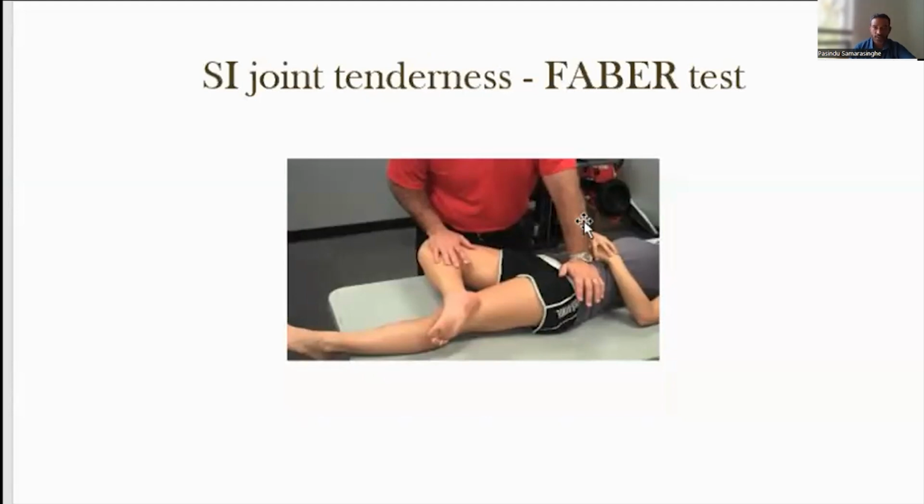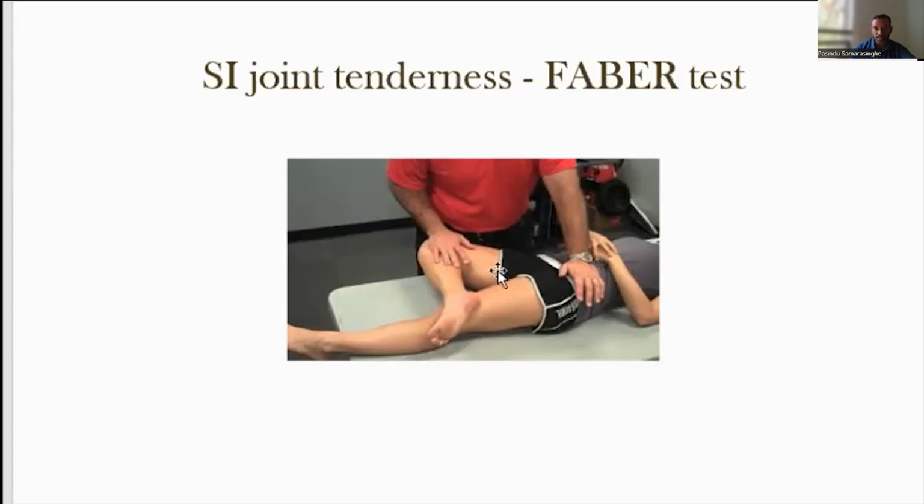I do this test in all patients in whom I suspect inflammatory spondyloarthritis. How you do it is you ask the patient to bend their knees, and then apply the heel over the opposite knee, as shown in this diagram, and then you apply pressure downwards. Then the patient will have pain over the joints on the back, over the dimple of Venus.